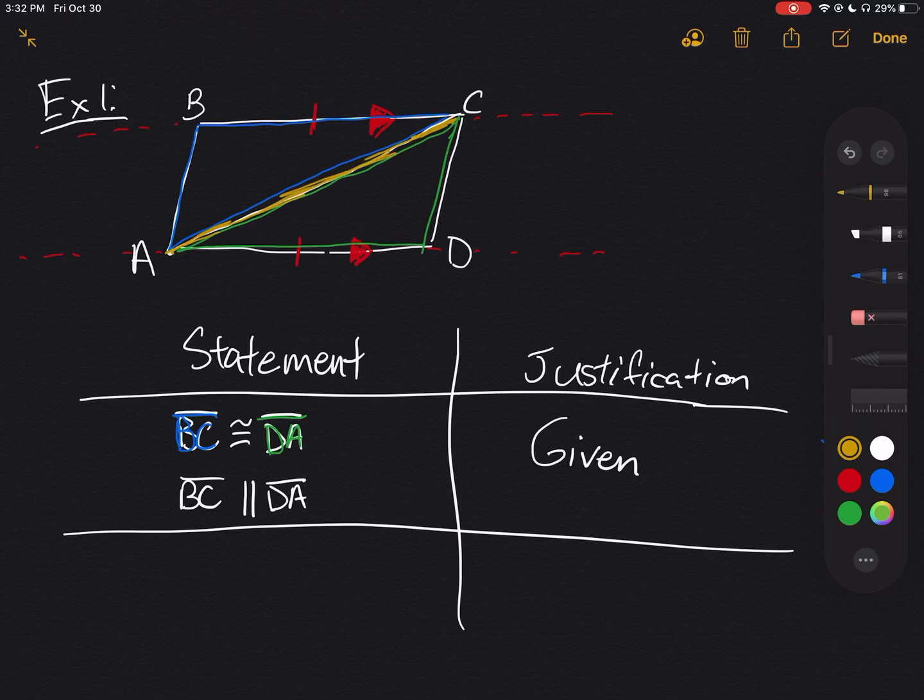The reason is because both triangles share that side, so clearly it's the same length. Okay, so if it's the same length, then it's congruent, and you may or may not remember that property is called the reflexive property.